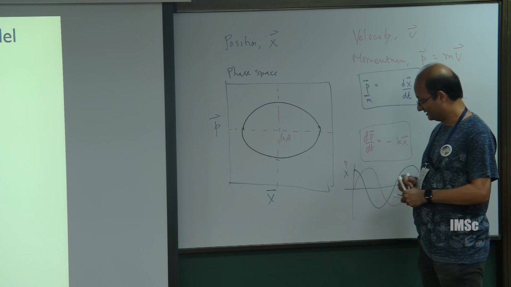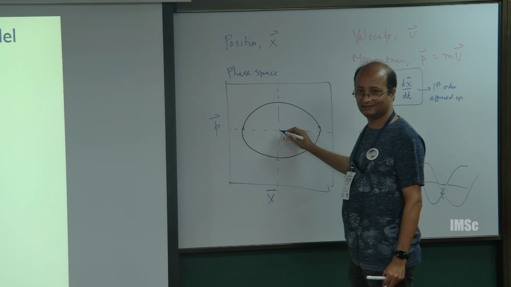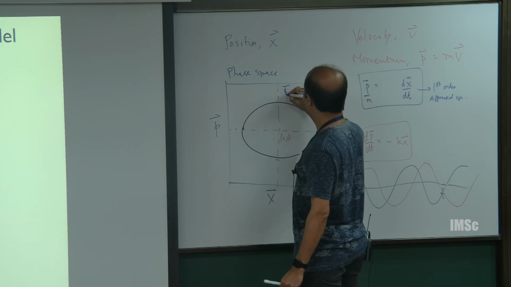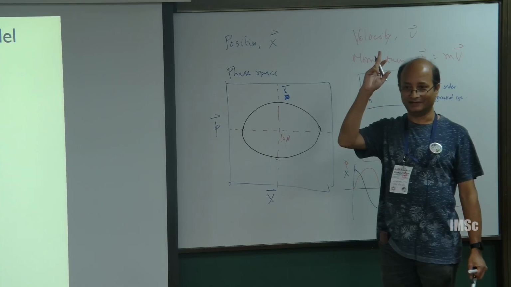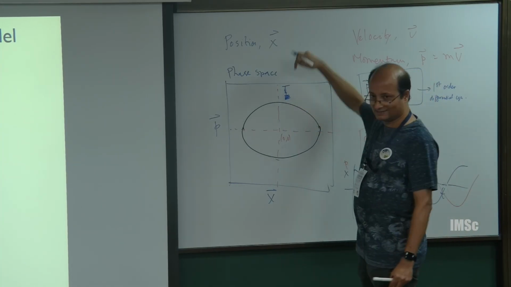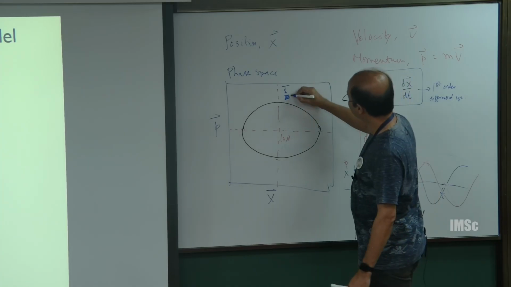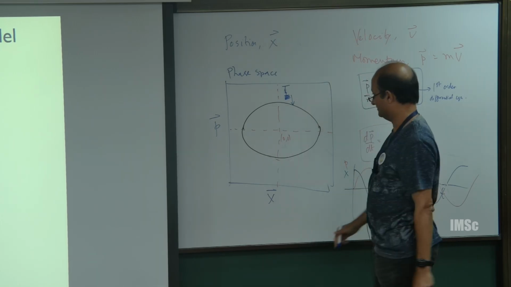How do we analyze this? So at this point, x is 0, right? So that means I am back in the equilibrium, but I've got a positive momentum. If I say that my positive direction is downward, then I'm on my way towards the expansion.